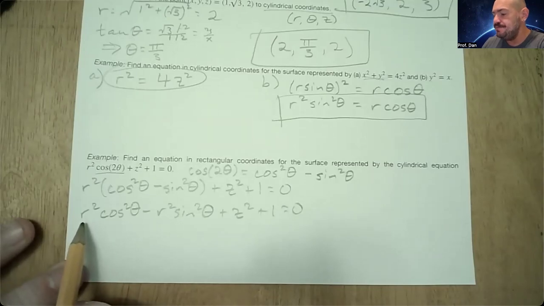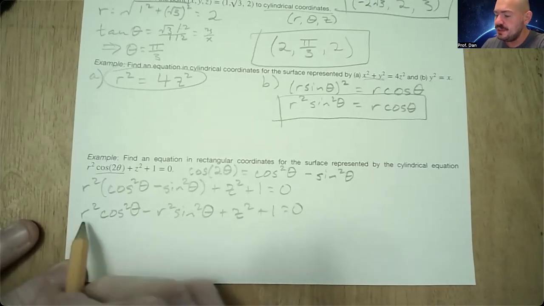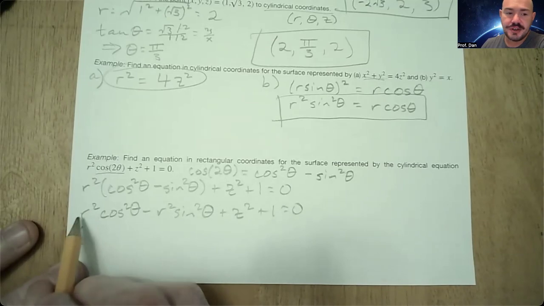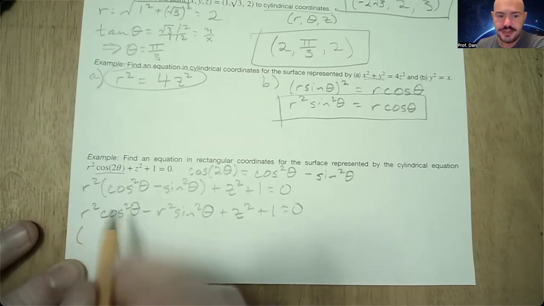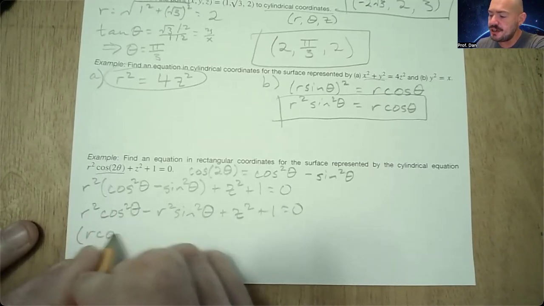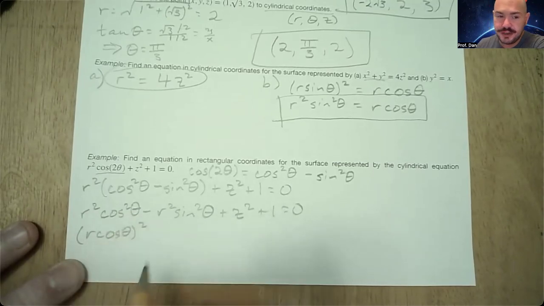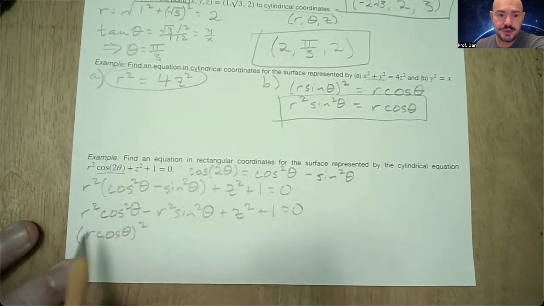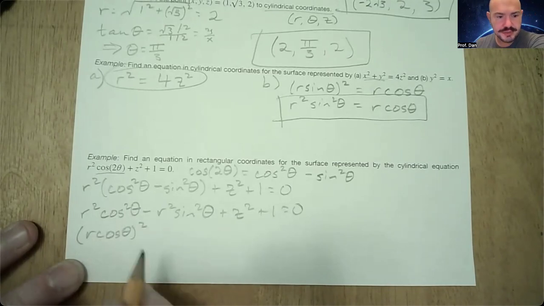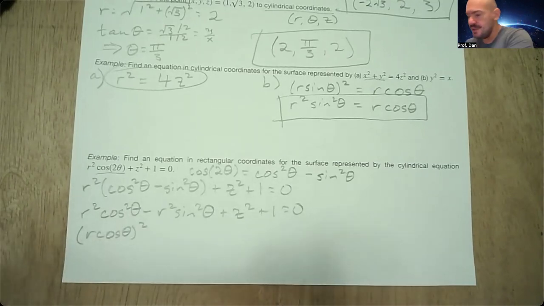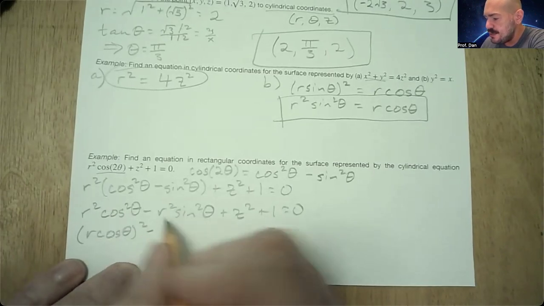So with this one, remember if I have something like this where it's r squared times cosine squared, I can write this as just r cosine theta, all of that squared. When we're multiplying, that's fine. When we're adding, that's not how that works because you have the middle term when you're adding. All right, with this one, I can do the same thing.